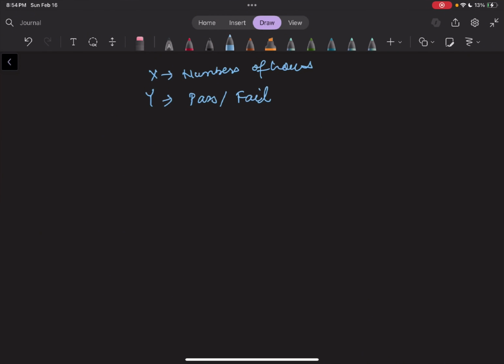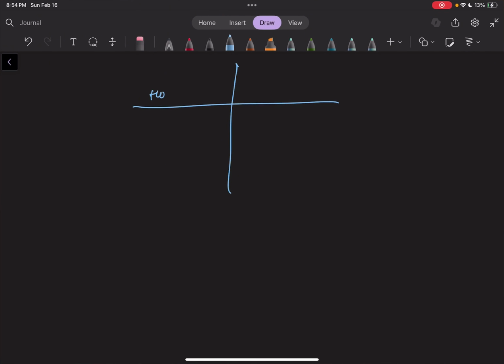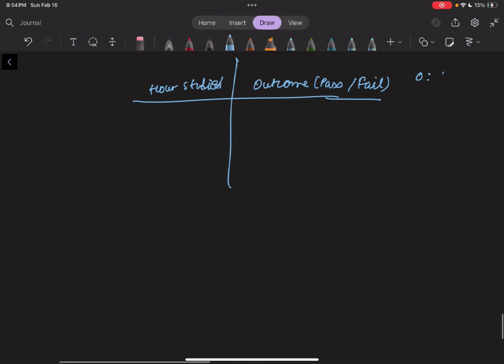So let's have a few data points. I have hours studied, and then outcome, pass or fail. 0 means that they failed, and 1 means that they passed.